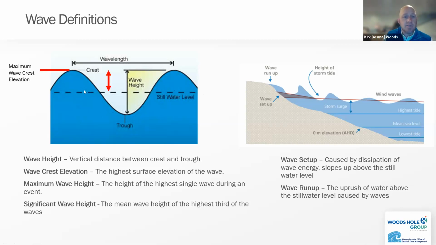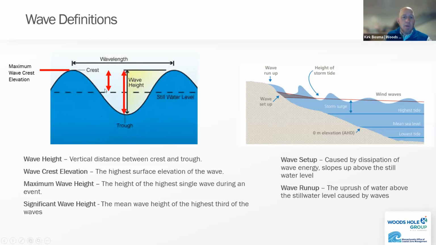And just to be clear, it takes the still water level and then adds the effect of this wave crest, not the wave height. Now we do provide wave height output, which is the distance between the trough and the crest, but the maximum wave crest elevation doesn't use the wave height added to the still water level. It just uses the wave crest to get this elevation.